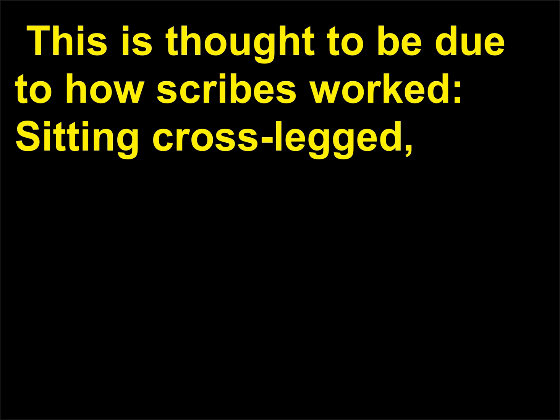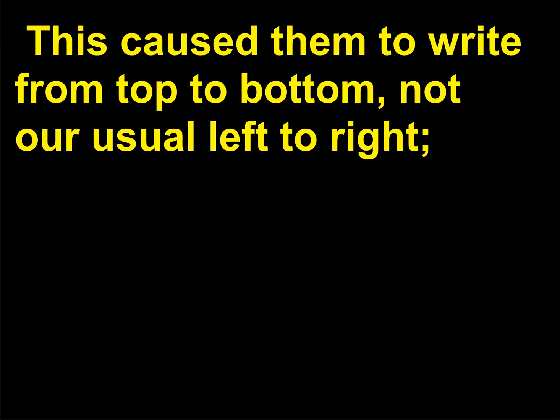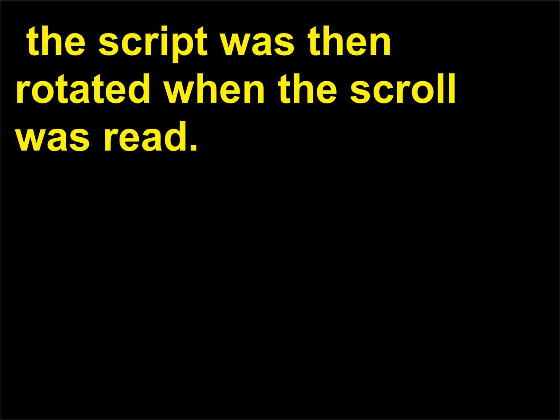This is thought to be due to how scribes worked, sitting cross-legged. They wrote on a scroll they wound from right to left across their body. This caused them to write from top to bottom, not our usual left to right. The script was then rotated when the scroll was read.